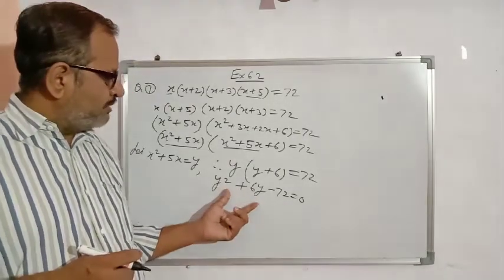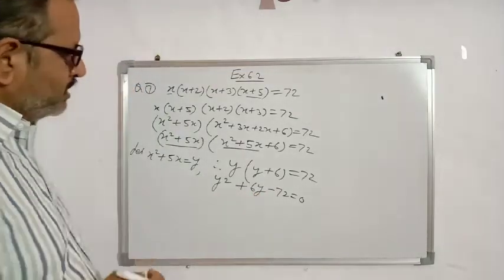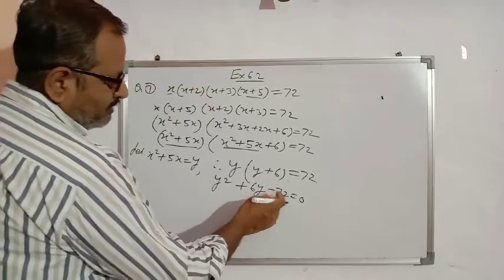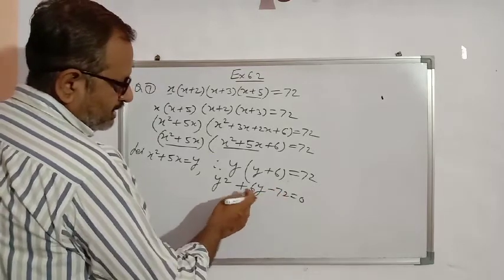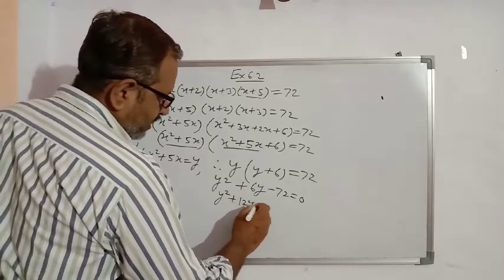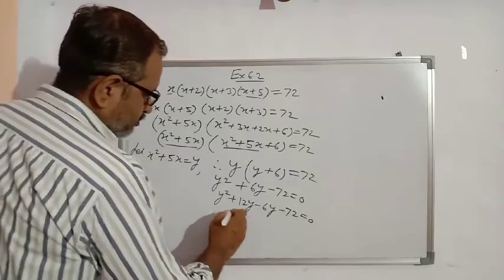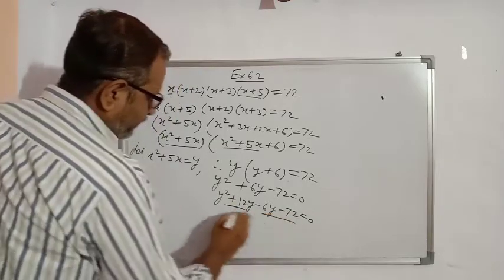We can solve it either by using the formula or by factorization. So let us do it by factorization. 12 times 6 is 72, and 12 minus 6 is 6. So y square plus 12y minus 6y minus 72 is equal to 0. Make pairs.